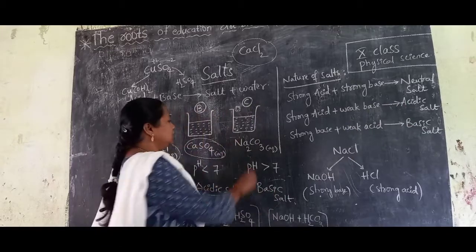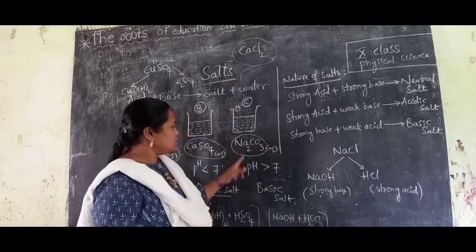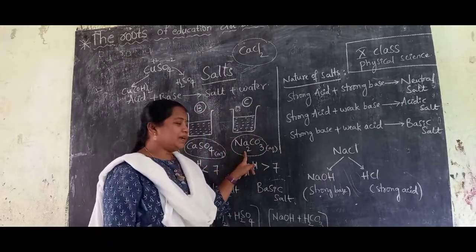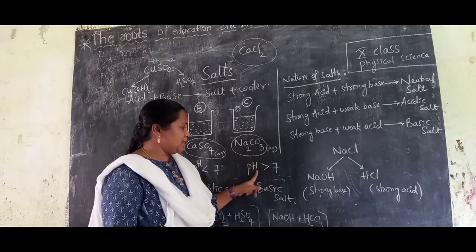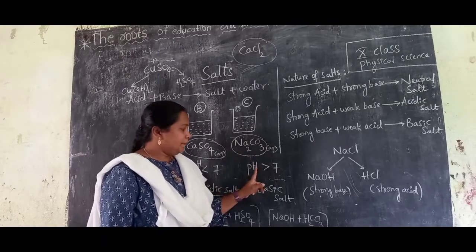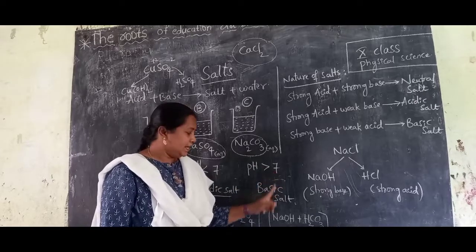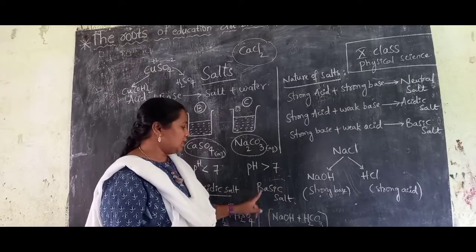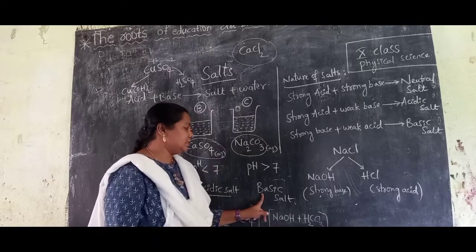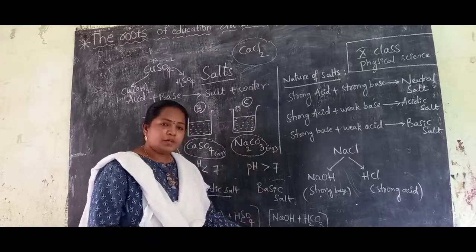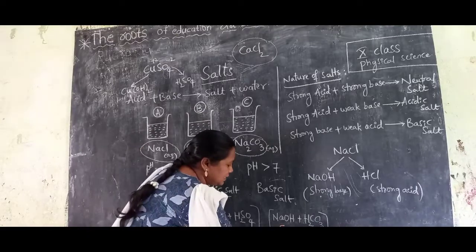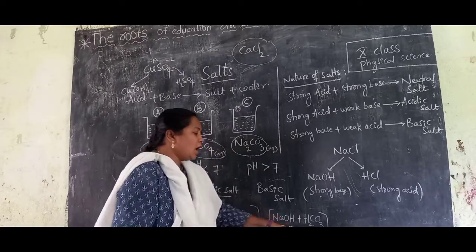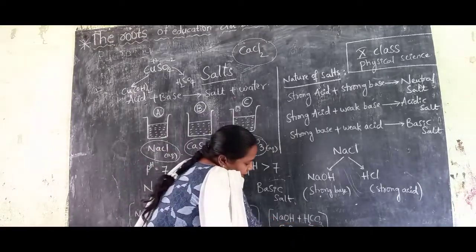Similarly, you see the third one, that is sodium carbonate. What is its nature? If you see the pH value, it is greater than 7. pH more than 7 indicates its nature is basic. This salt is basic. Why is this salt basic? Because if you analyze, this salt is formed from sodium hydroxide, which is a strong base, and carbonic acid, which is a weaker acid.